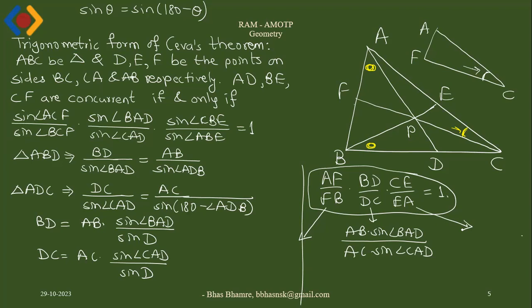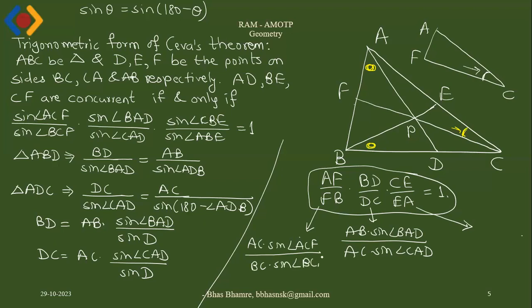For AF, we get AC times sine of angle ACF upon, for FB, we get BC times sine of angle BCF.